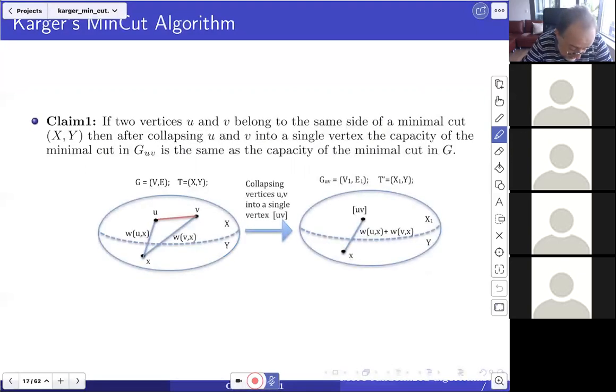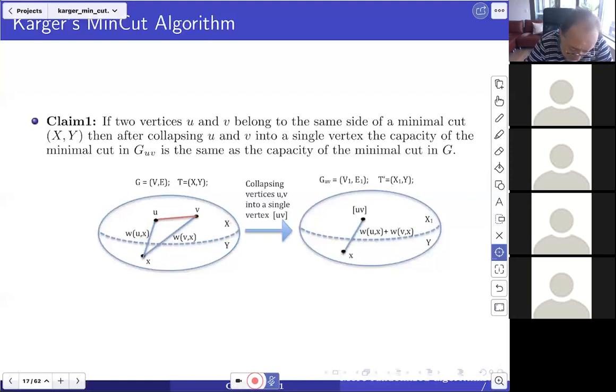So here is the picture. Assume that the X Y partition is maybe one of several, but a minimal cut. And assume that U and V belong to the same side of the partition, the side X. Then the claim is that the capacity of the min cut doesn't change after this contraction.